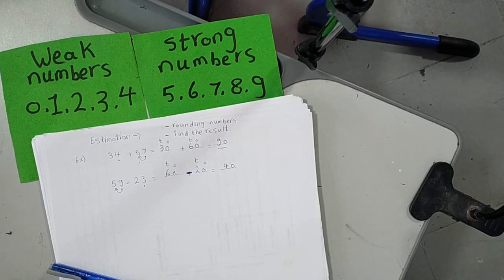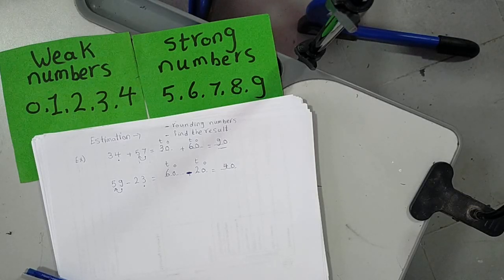If it is a weak number, you will write the tens as it was. But if it is a strong number, I have the power to push my tens and it will move to the number that comes after it. The second step is to make your ones 0, and don't forget that you can't write any number except 0 in ones when we're rounding the numbers.